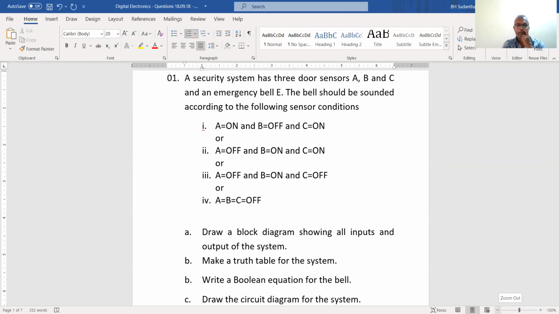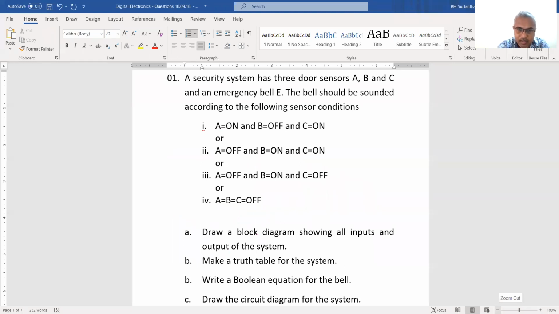Here we have 3 door sensors, A, B, C, and an emergency bell E. With 3 sensors you have 8 different combinations, starting from 0, 0, 0 to 1, 1, 1.